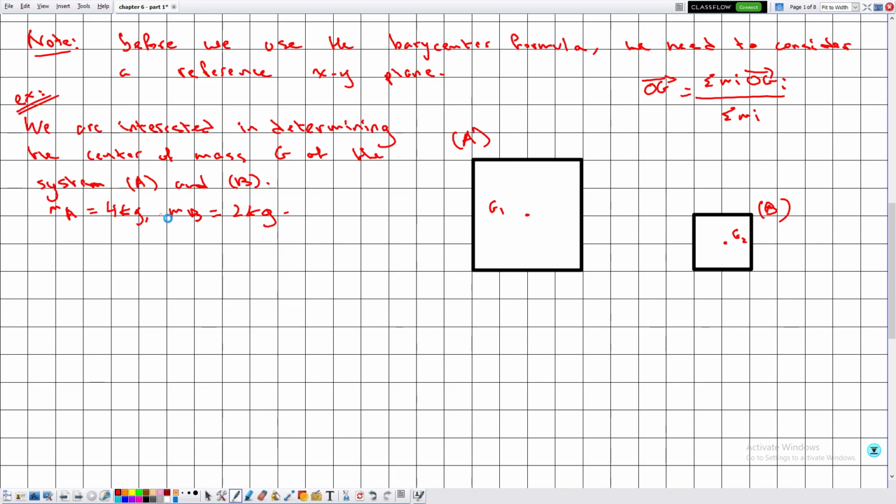Or let me say that this is M1. Now, referring to this note, before we use the barycenter formula, we need to consider a reference XY plane. So let's do so. Let me consider that this is the x-axis, and this is the y-axis.